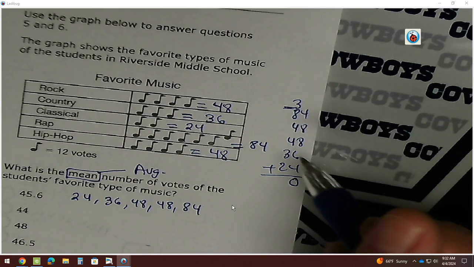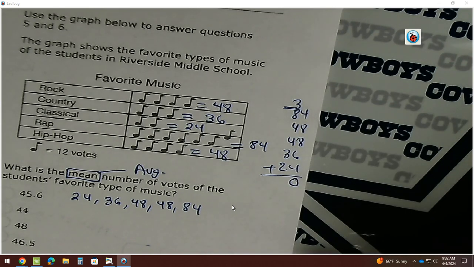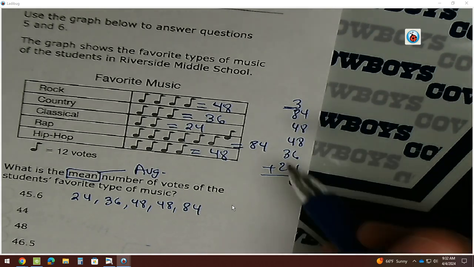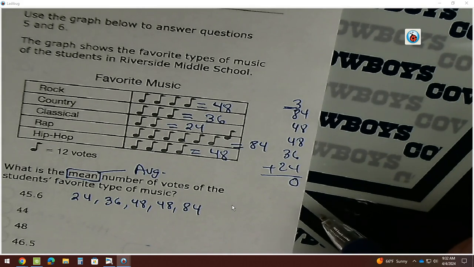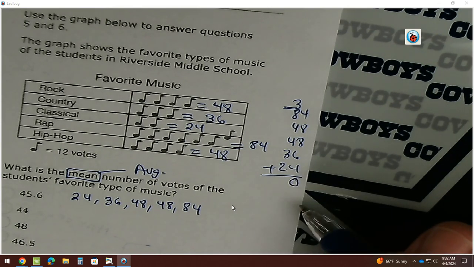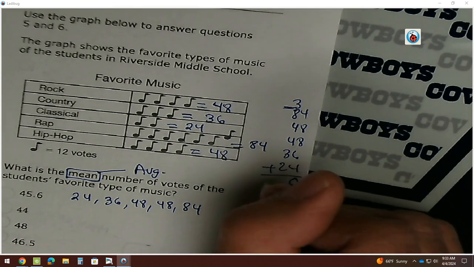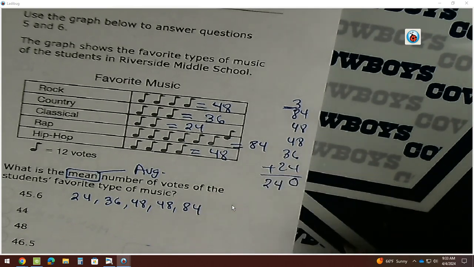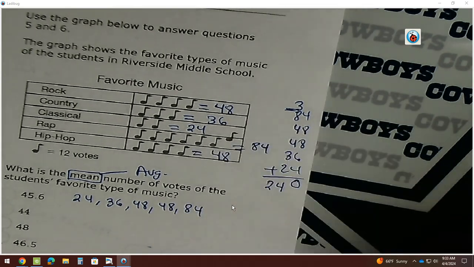The next one. 8 plus 3. Plus 4. 15. Plus 4. 19. Plus 3. 22. Plus 2. 24. 240 is what we have as the adding. Is that going to be the average yet?